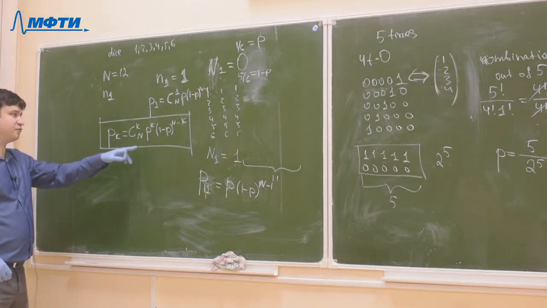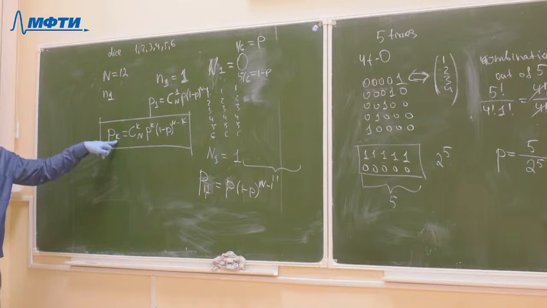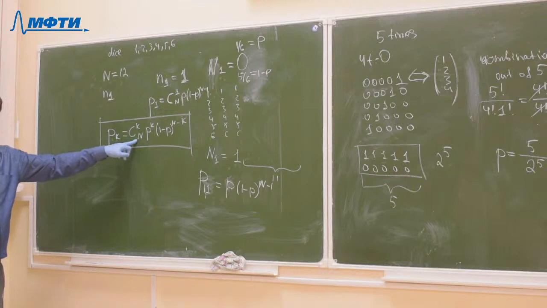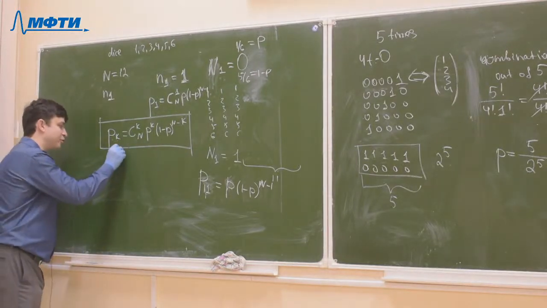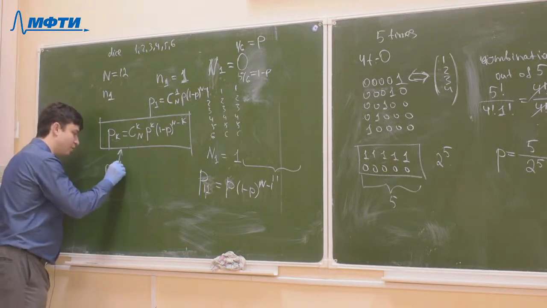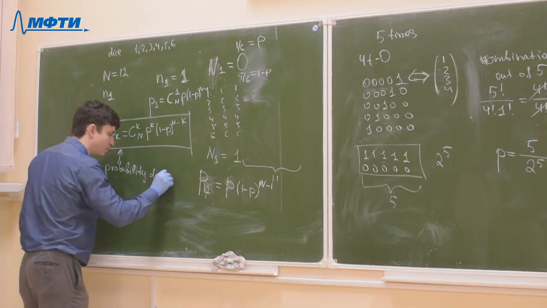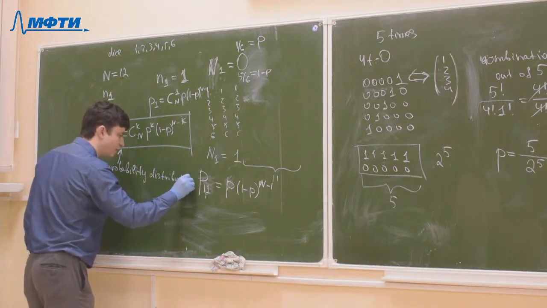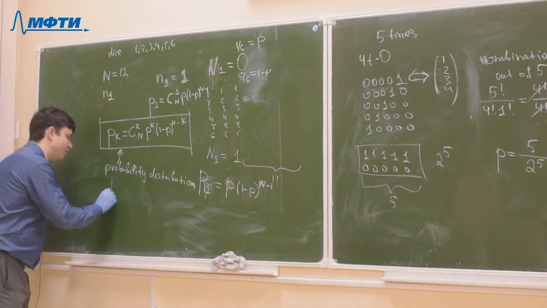When I have such a function for a random variable, in my case this random variable is k, and the probability of this event is given by this formula, it is called a probability distribution. And this particular type of probability distribution is called the binomial distribution.